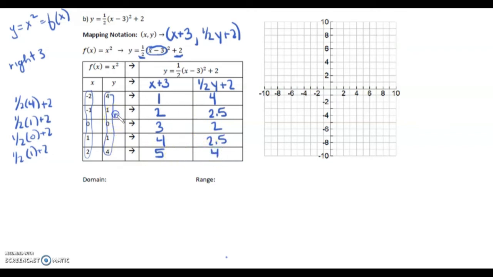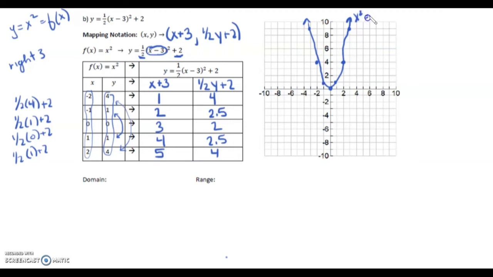Just remember that these are symmetric about the vertex. So our original graph in blue, I get 0, 0, 1, 1, -1, 1, 2, 4, -2, 4. And then common knowledge is that it goes through 3 and -3 and then 9.